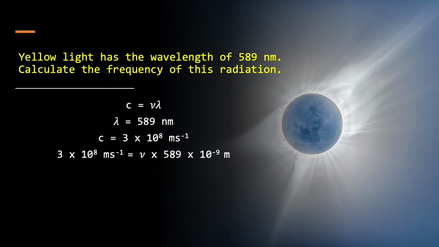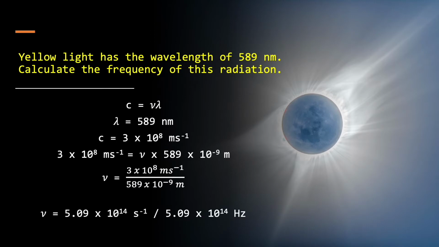So we can divide the speed of light by the wavelength to find the frequency of light. Values simplify to 5.09 x 10^14 hertz of frequency. You can keep the units of this final answer in both per seconds and in hertz. Either way is fine.